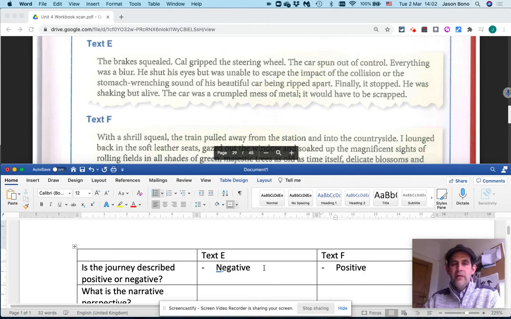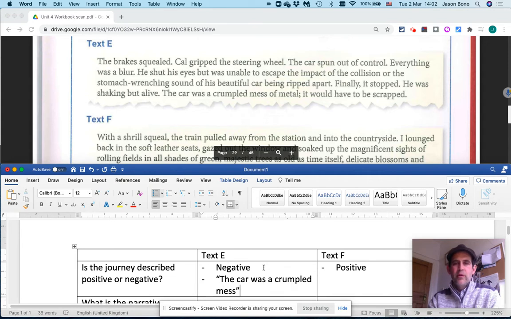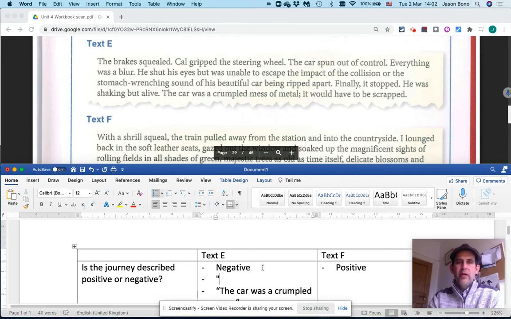Now, how do you know it's negative? I might use that last sentence as a quote: "car was a crumpled mess." That shows the end result. I might want another quotation that shows the horror of the actual incident.